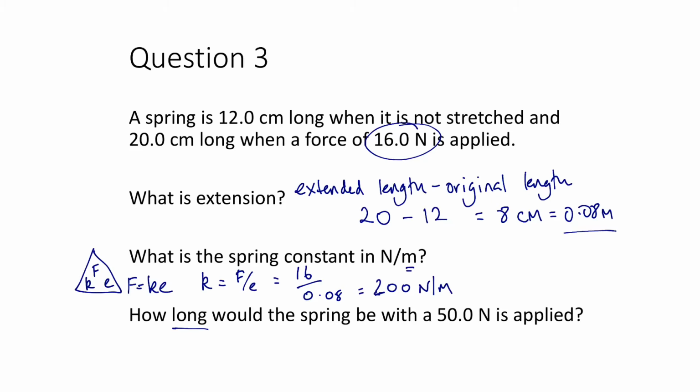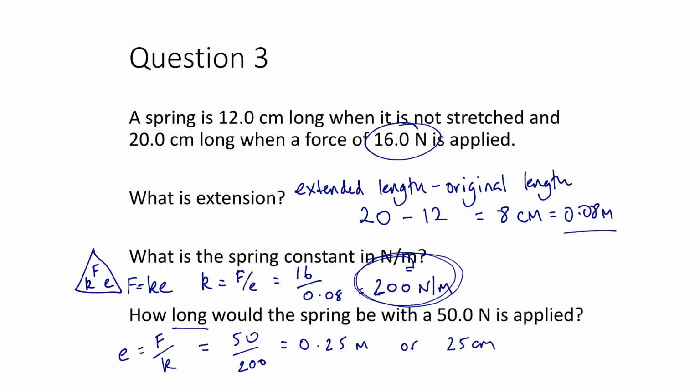It's the same spring, so we know the spring constant is 200. So this time we want to find the extension. So F equals KE, rearranged, that's force divided by the spring constant. So that's 50 divided by our 200 because it's the same spring. And again, we can put that into our calculator if you need to. And then 50 over 200 gives us an extension of 0.25 metres or 25 centimetres.